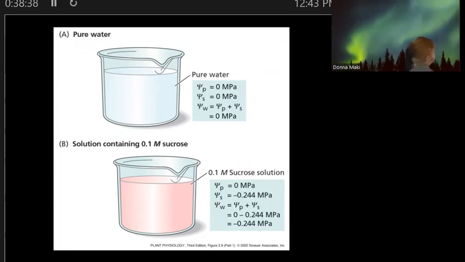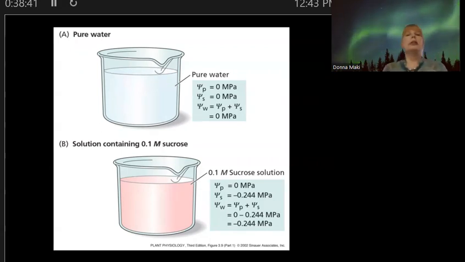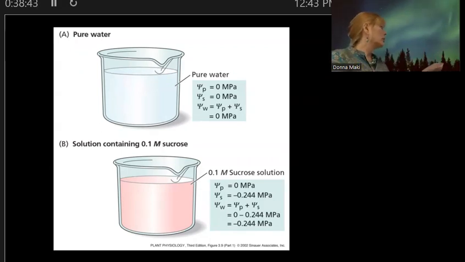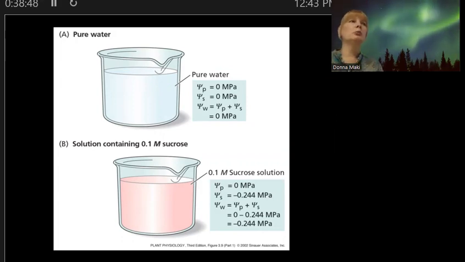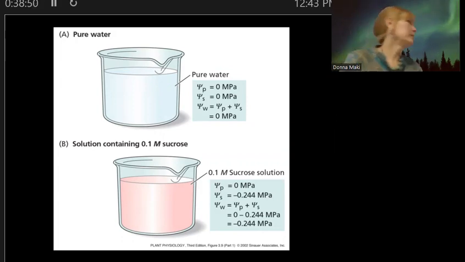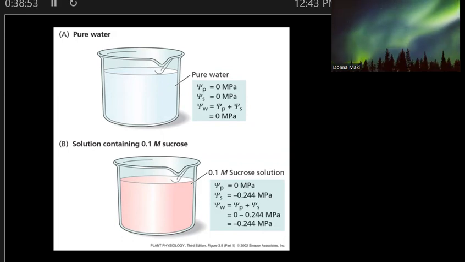Here they're saying this solution has 0.1 molar sucrose. It's important that you appreciate 0.1 molar sucrose is a concentration. Molar is moles per liter. M is for molar, and the units are moles per liter.